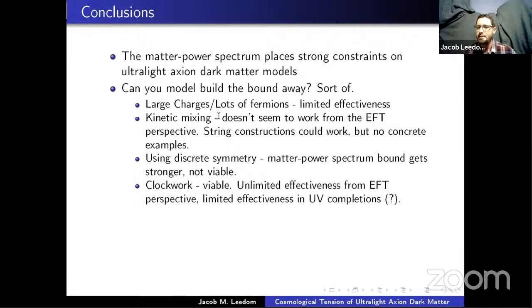Kinetic mixing doesn't seem to work from the EFT perspective, but again, perhaps some string constructions could work, though as far as I know, there isn't a solid model to do that. For discrete symmetry, this unfortunately doesn't work, and clockwork is viable so long as you're comfortable just adding sectors into your theory to pump up the coupling. And that's it. Thank you.